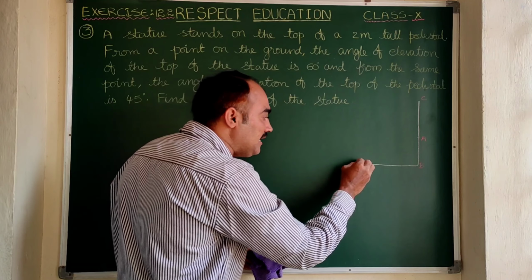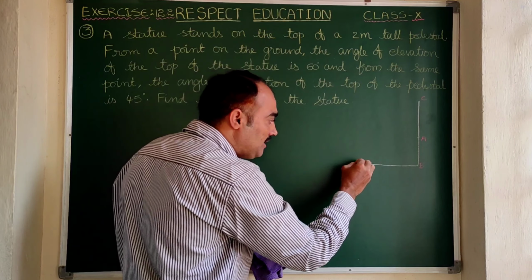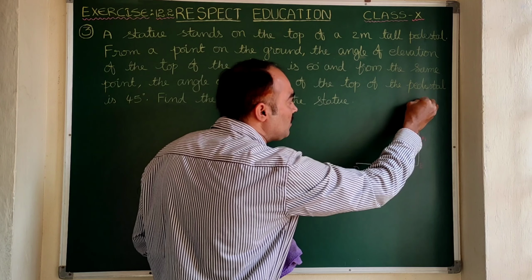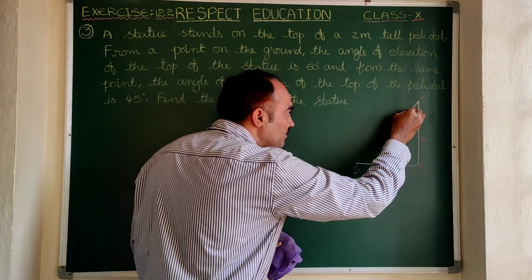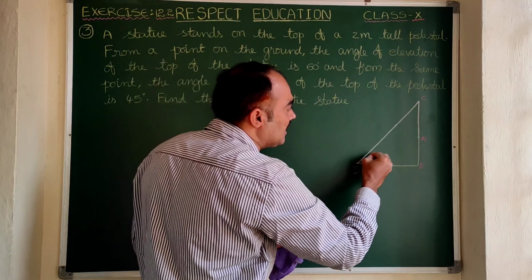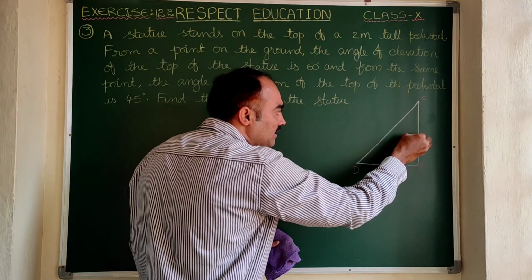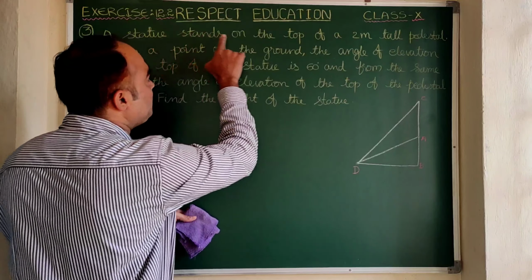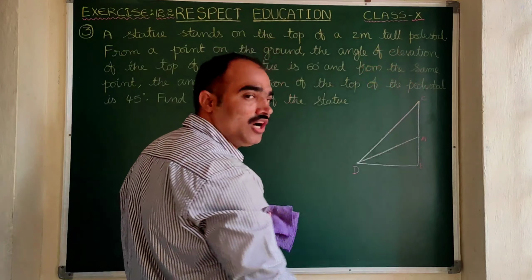So we can draw the diagram for the figure from the earth itself. Now if you observe from D to C, this is the angle of elevation, and from D to A, this is also an angle of elevation.